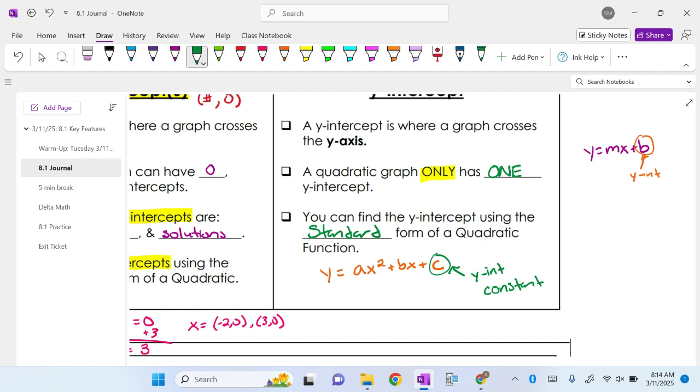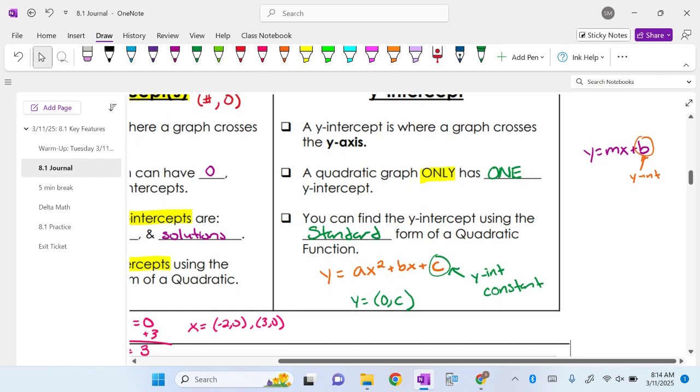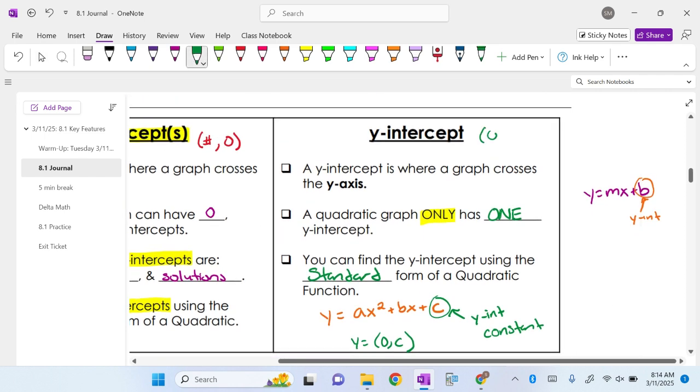Whichever number's not connected to a variable, that's typically your y-intercept. So if I wrote this, the y-intercept would equal the point 0 and then c. And that's how you want to write your y-intercept, as 0 and a number.